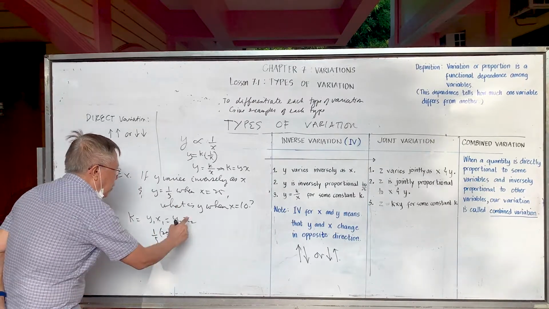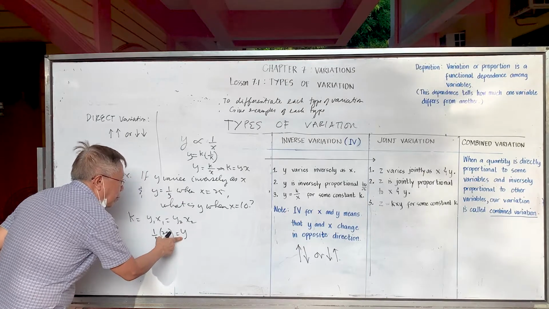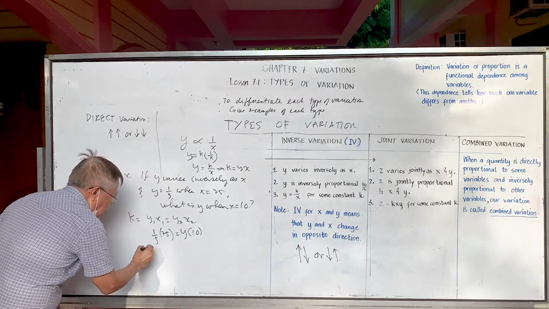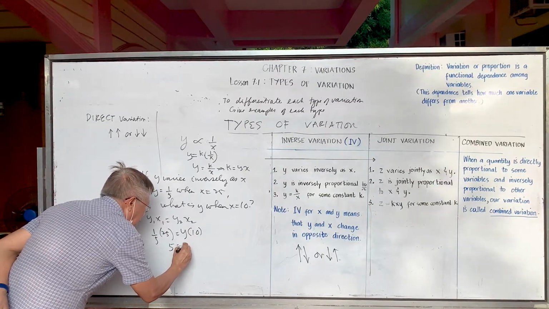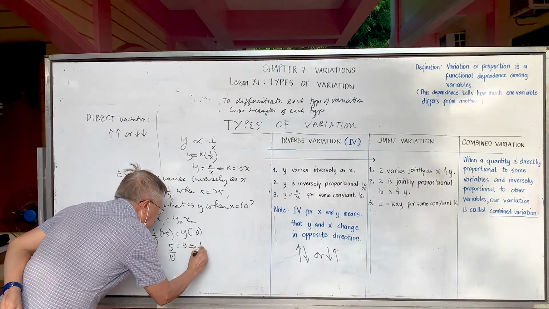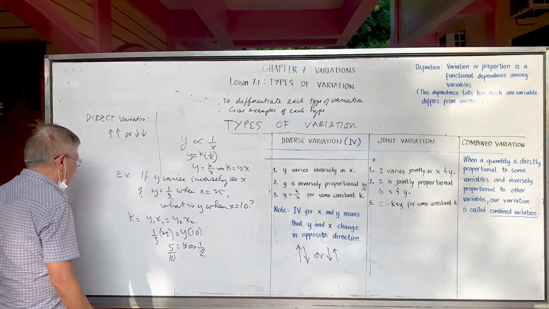And the second situation is y is unknown, so instead of writing y sub 2, I'll just write y. And then I have a 10. And I cancel this off. I will get a 5 equals y, and this is over 10. This gives me 1/2.